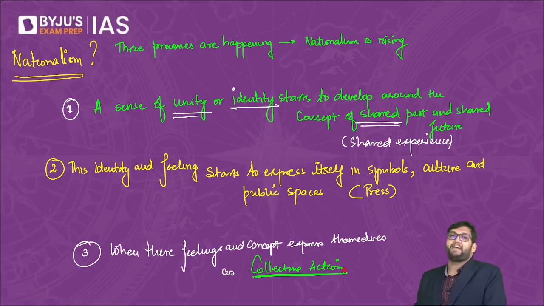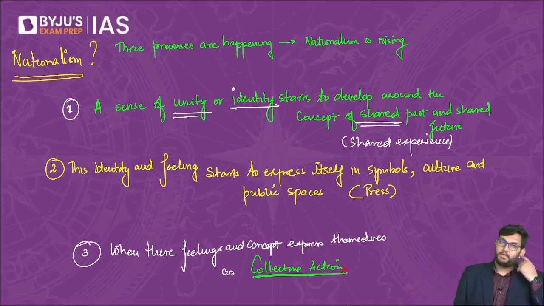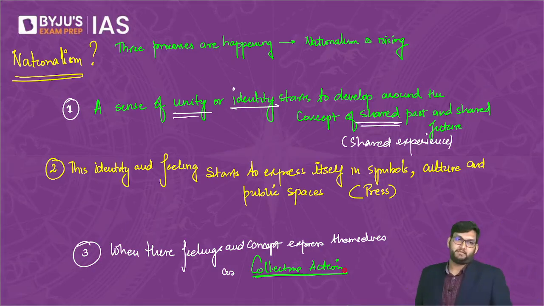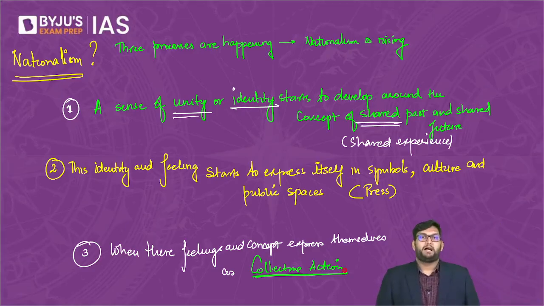So collective action means that we are ready to work together to express our collective identity. So every Indian who was lathi charged had the same feeling, because they were on the road to represent a certain identity, and that was India.